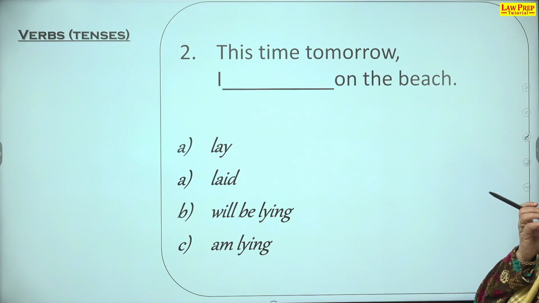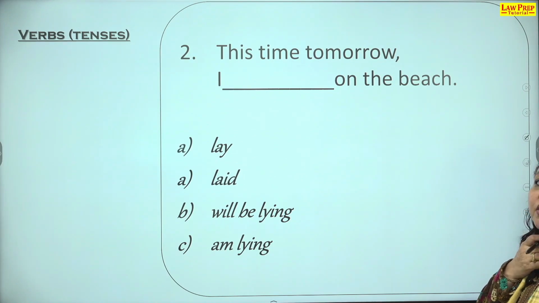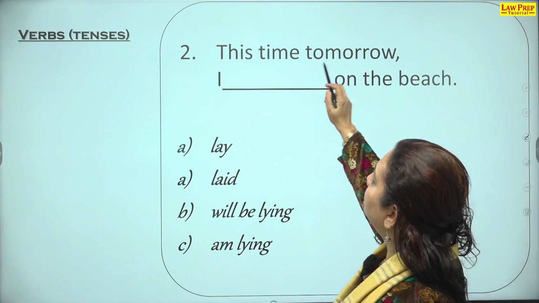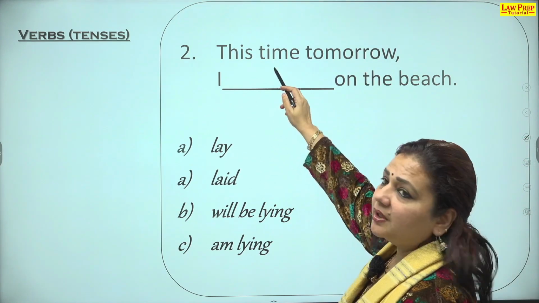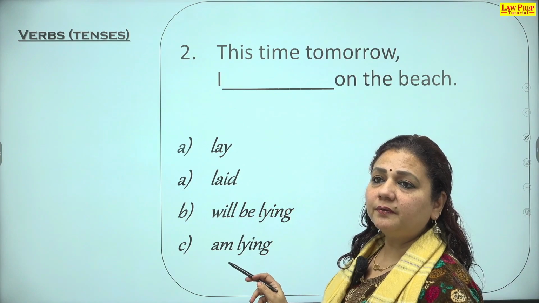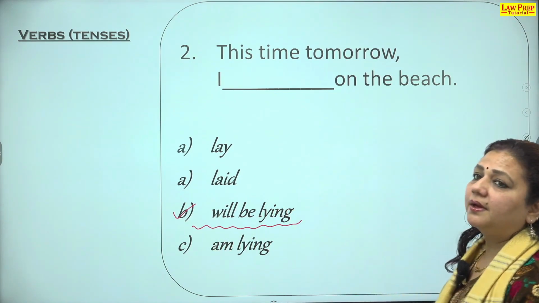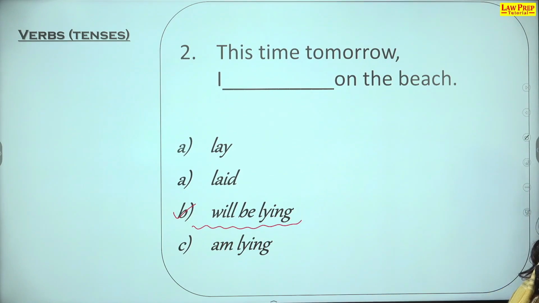This time tomorrow, I dash on the beach. Now you have to do nothing. You have to just use the future form. There is only one future usage here. Which one? The correct answer will be "will be lying on the beach". Got it? Fine. Moving on to the next.